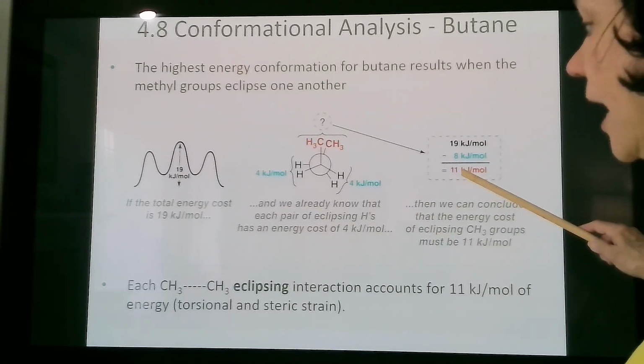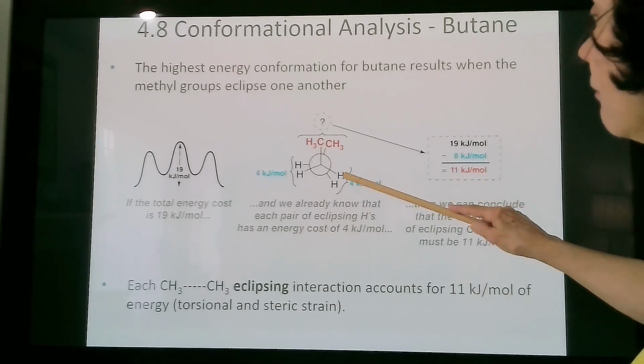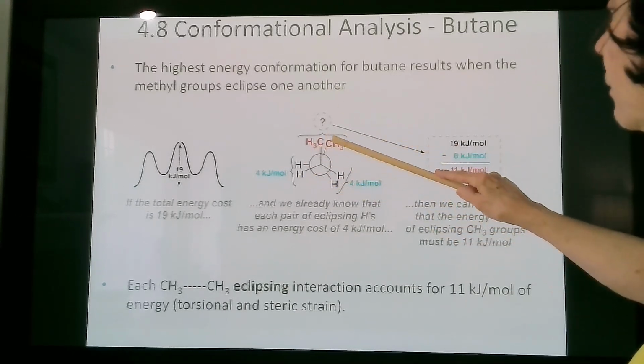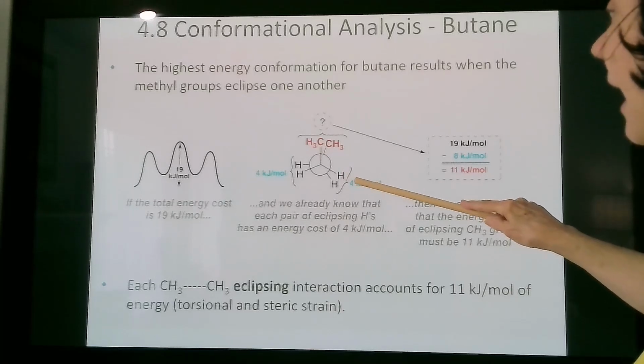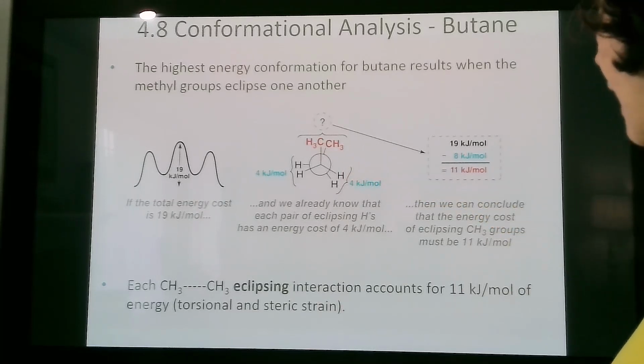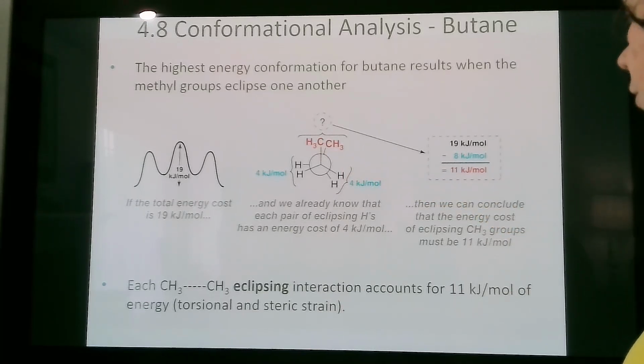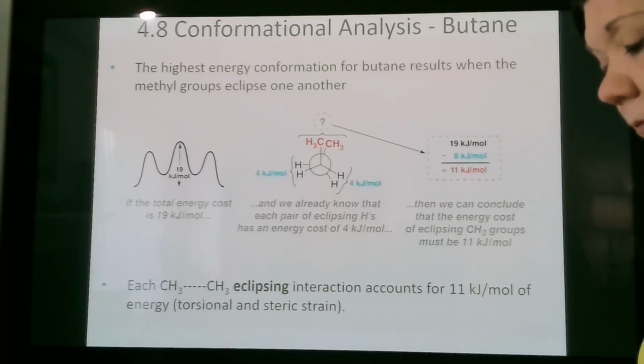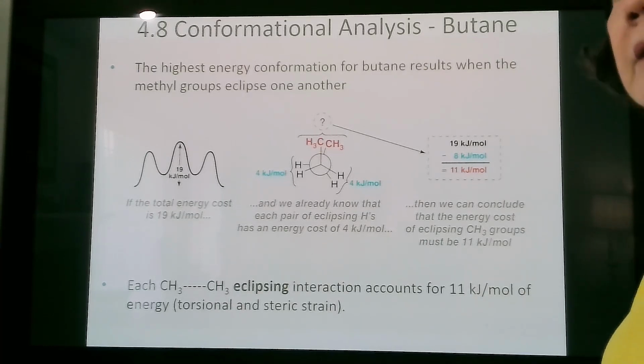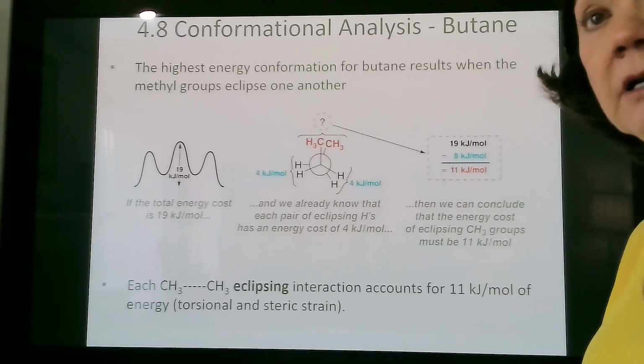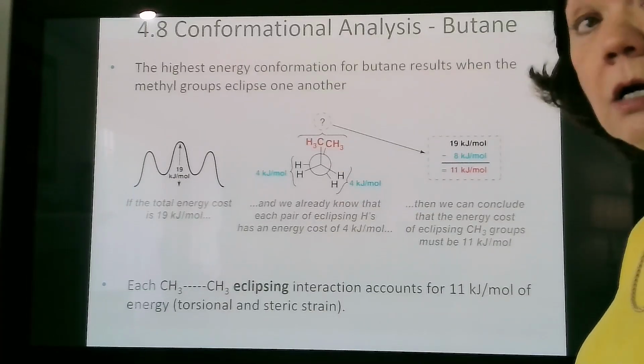And so I just calculated this for you a few minutes ago. 4 and 4, and the whole thing was 19. So this is 4 and 4, 8 from 19 is 11. I just calculated that for you a minute ago. And if you think about it, it is amazing how additive these interactions are.